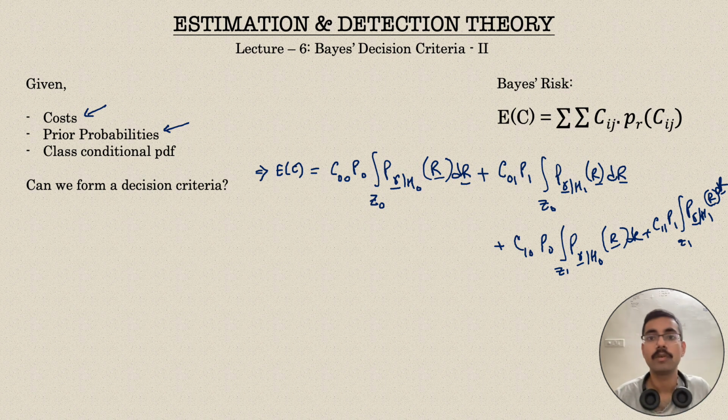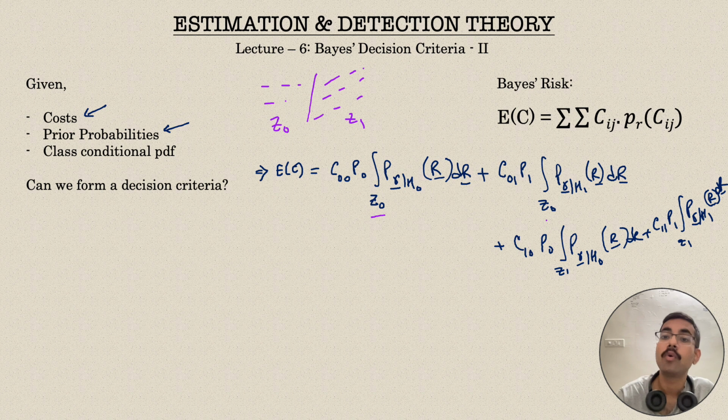Now if we want to find out a criterion, the easiest thing that we can do is to club all of the expressions together, all of the integrals together. The best way to do this is obviously if we write all these integrals in just one region. Right now it is separated into two regions. Before going further, please note that the regions Z0 and Z1 are totally disjoint.